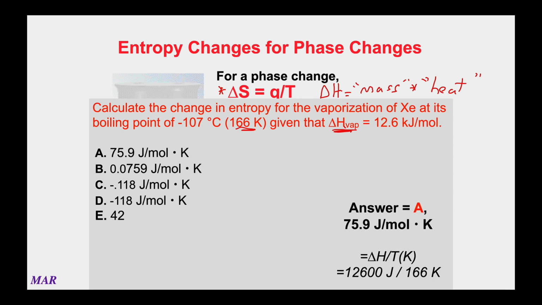Anyway, you do all this, which is really exciting, I'm sure. 75.9 joules per mole Kelvin is the entropy change for the vaporization, for turning liquid xenon into gaseous xenon. This would be equivalent, once again, for finding the delta H for a phase change here. In that case, we would take the mass of xenon and multiply it by the heat of vaporization for xenon.